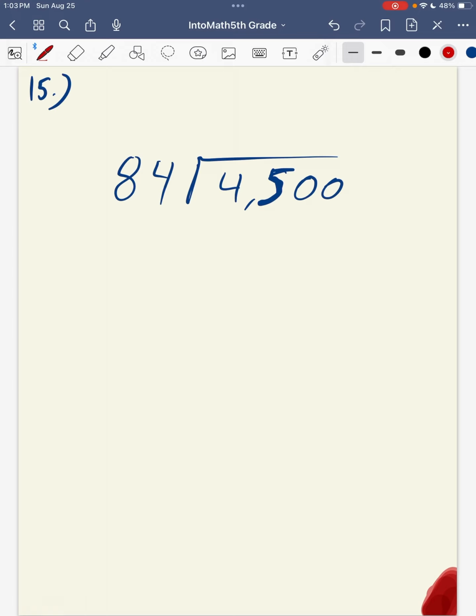All right, our last problem for this is 84, and how many times 84 can go into 4,500? On my side, I can write out my multiples of 84. 84 plus 84 will give me 168. Plus another 84, 252. 252 plus 84, 336.